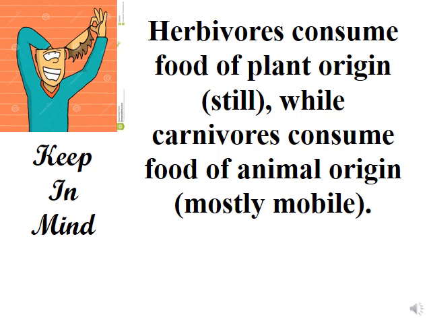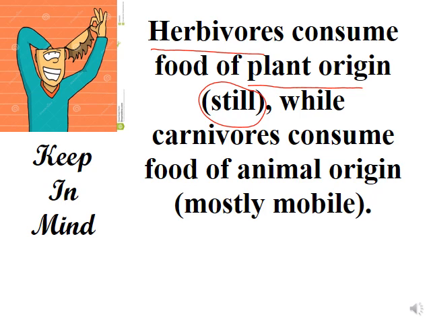Herbivores consume food of plant origin. All of you know that herbivores consume food of plant origin. This food is steady in the ground. It doesn't move, like the case of the plants, like the case of the trees. It's steady in the ground, meaning that it's still. Still meaning it doesn't move. It's not mobile, immobile.